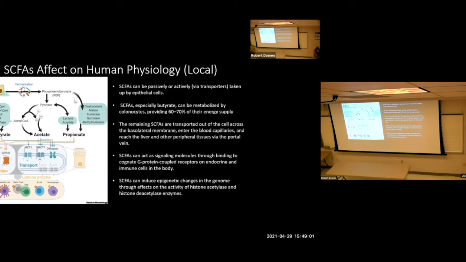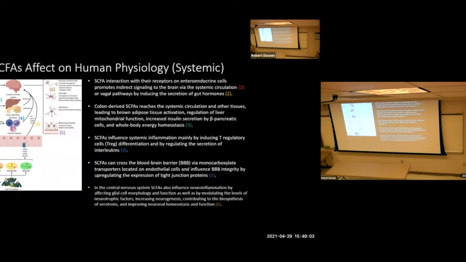That brings us to the more systemic ways that short chain fatty acids are affecting our metabolism. This is just to give you a general sense of all of the different ways that short chain fatty acids can systemically impact our homeostasis. We'll come back to this idea of the gut-brain axis. You read something about that for class.